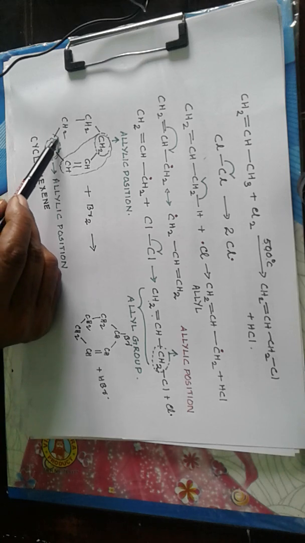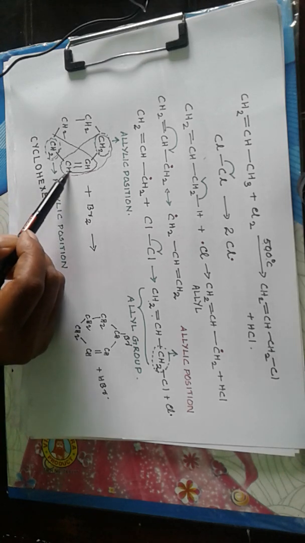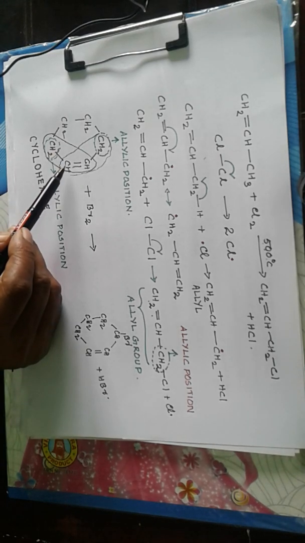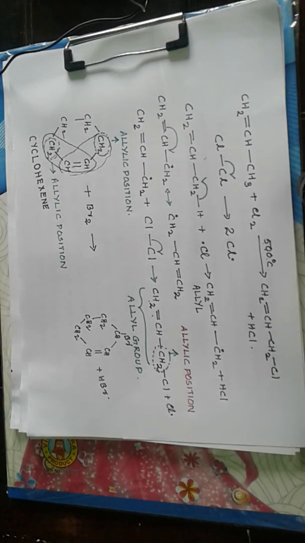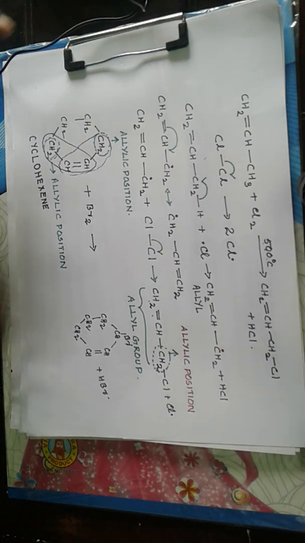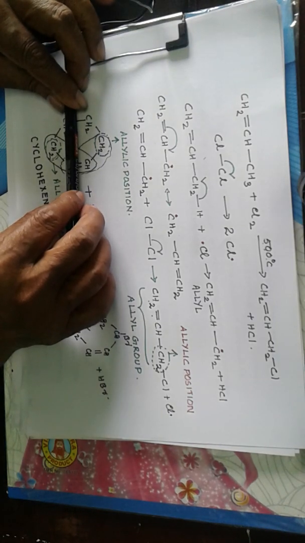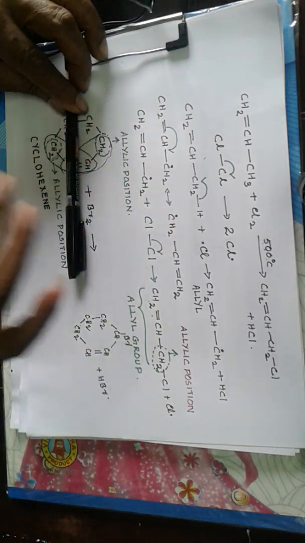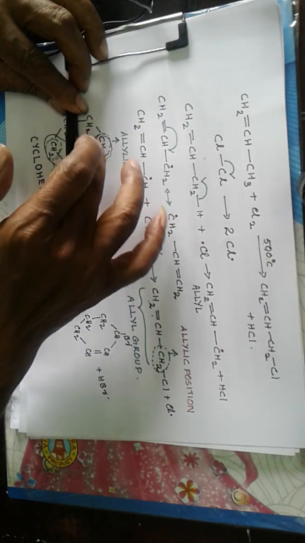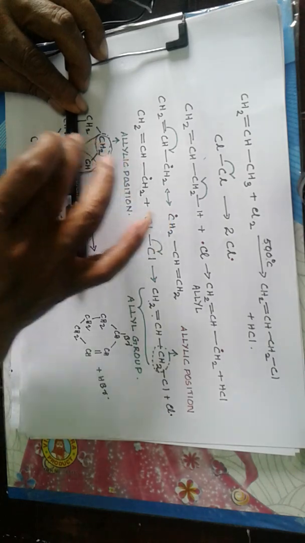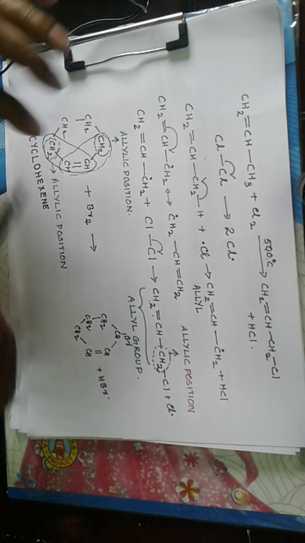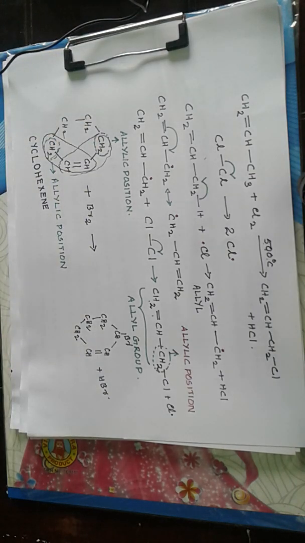Now we can consider another allylic system like this, CH double bond CH single bond CH2, another allylic system. Then consider a mirror plane passing through this plane, so that this CH2 and this CH2 are related as object and image groups. Hence we can say these two CH2 groups are similar.